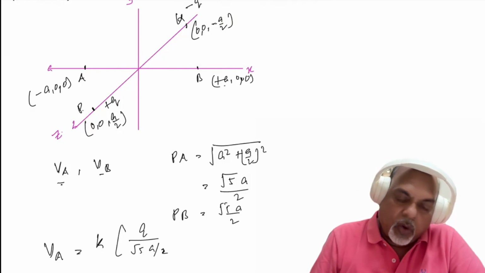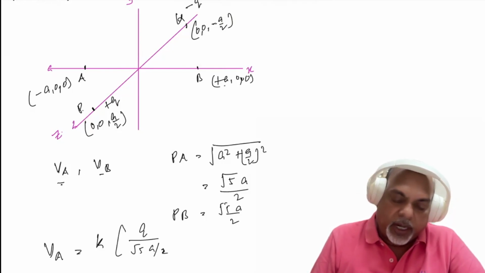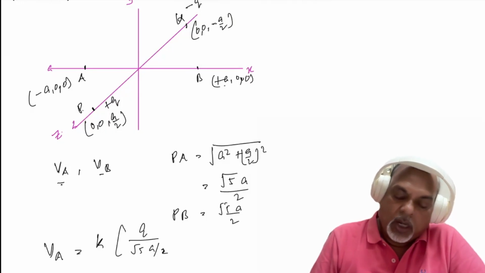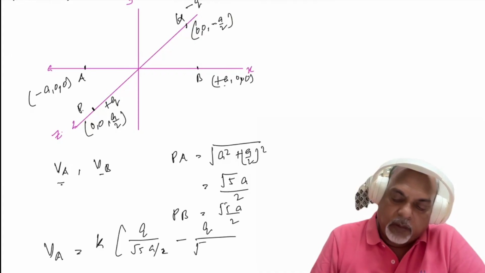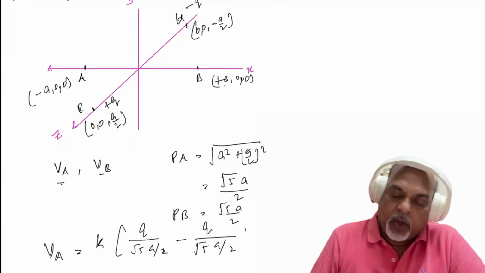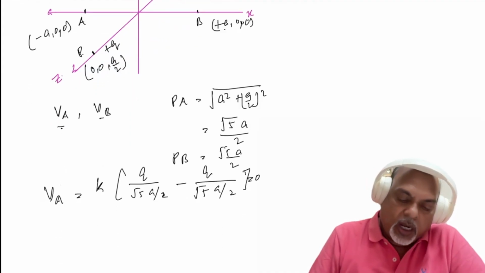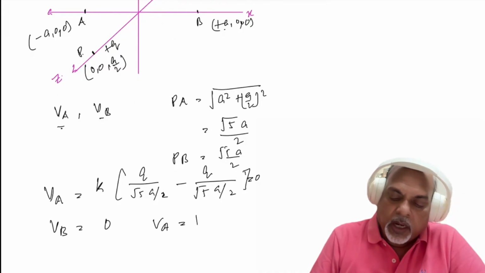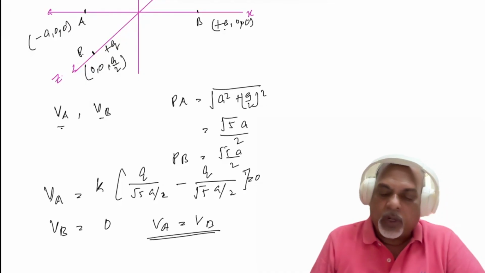And what is the potential at A due to the charge kept at Q? It is basically minus this, and this distance will be the same. So here basically it comes as 0. In the same way, if you find the potential at B, it will also come as 0, that means the potential at A is equal to the potential at B.